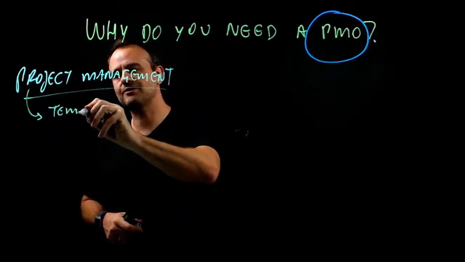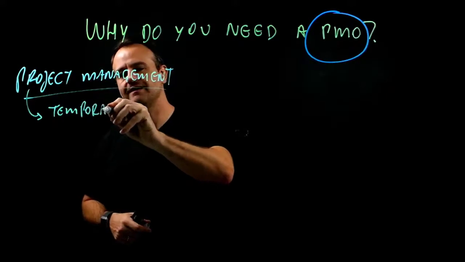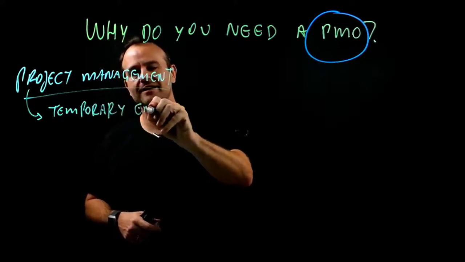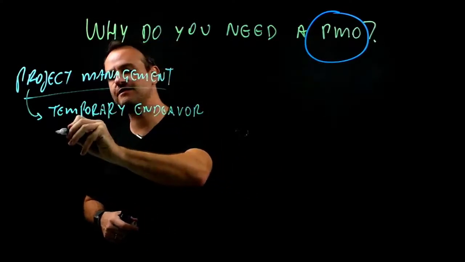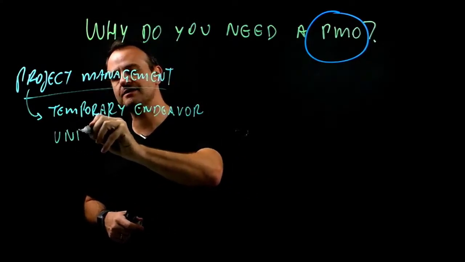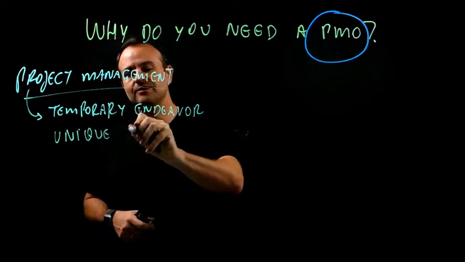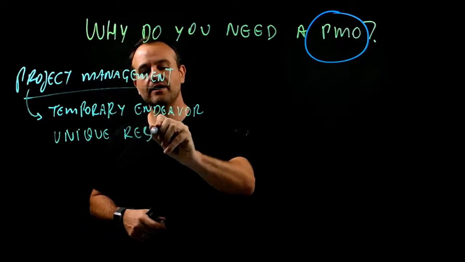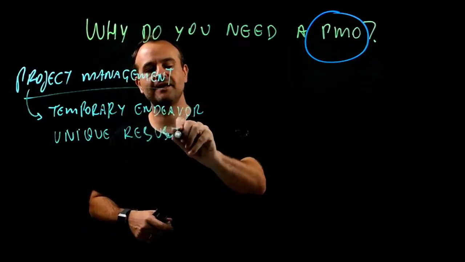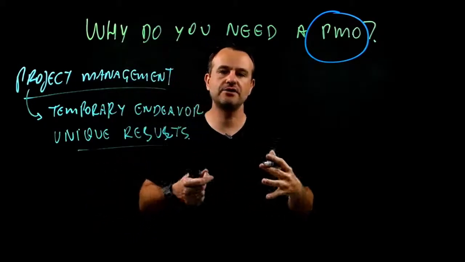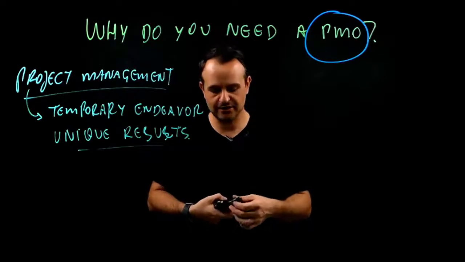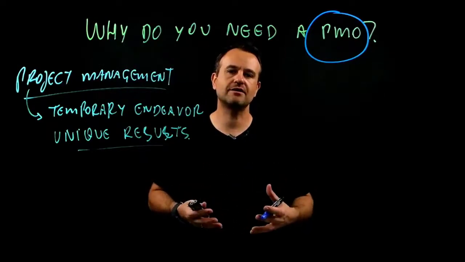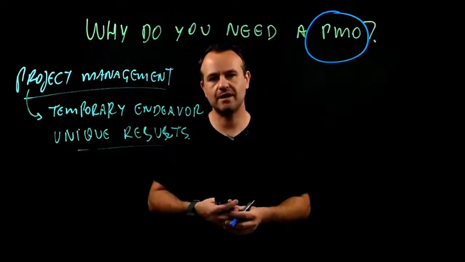We have a project, an initiative, and we manage this temporary endeavor so that we can achieve a specific objective or unique results, which means we are creating something new and helping the organization achieve strategic objectives. When we think about organizational strategy, we need projects in order to move toward our objectives.